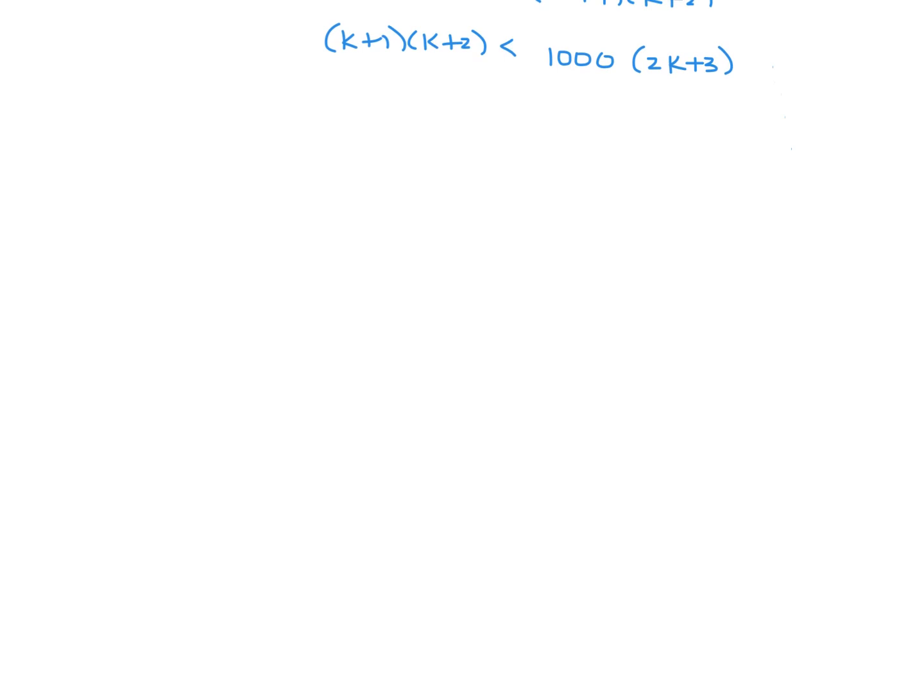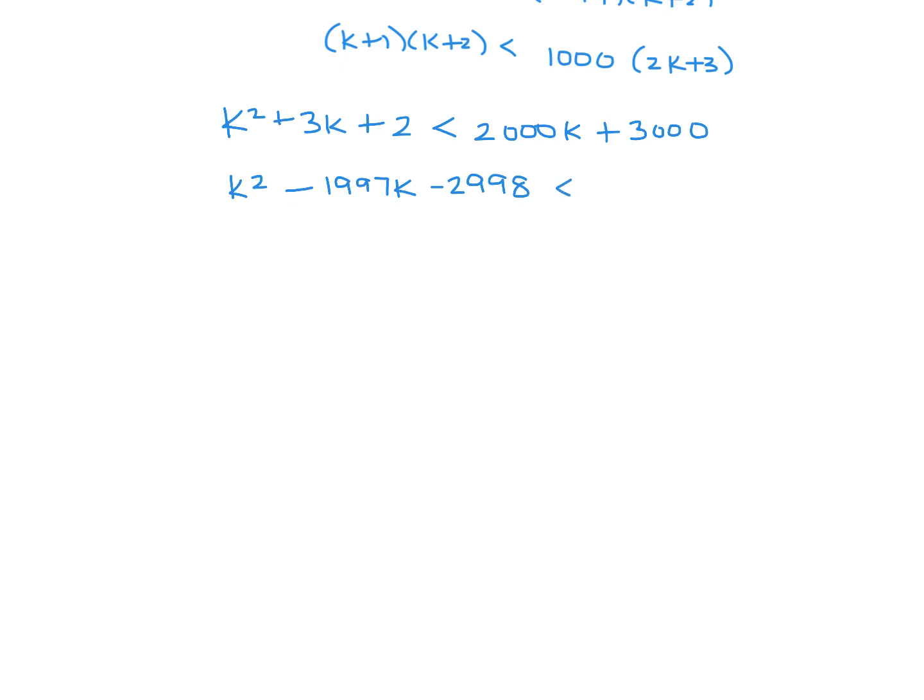So this will be k squared plus 3k plus 2 is less than 2,000k plus 3,000. Okay, so we got k squared minus 1997k minus 2998 is less than 0. Okay, great. So as expected, it is a quadratic.